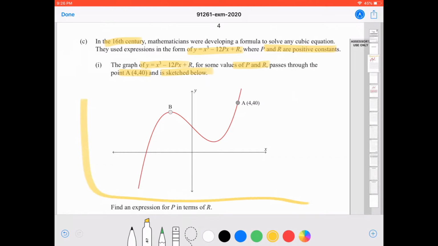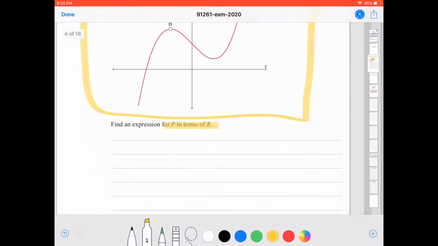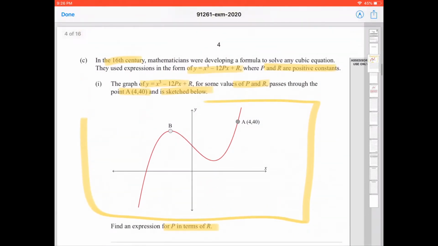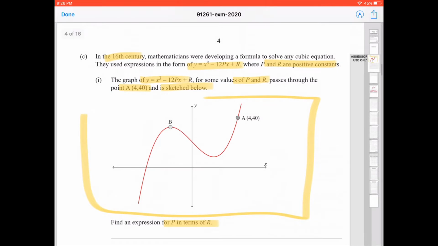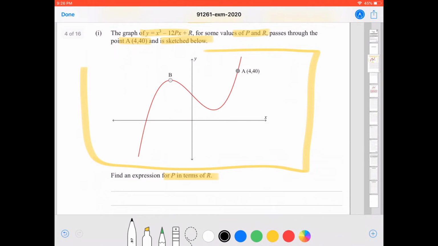So we've got this sketch here, and the question asks us to find an expression for p in terms of r. Just to get us started on this question, they're just asking us to rearrange. So our graph is y equals x cubed minus 12px plus r.